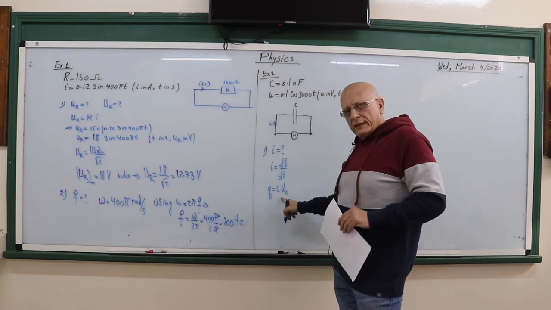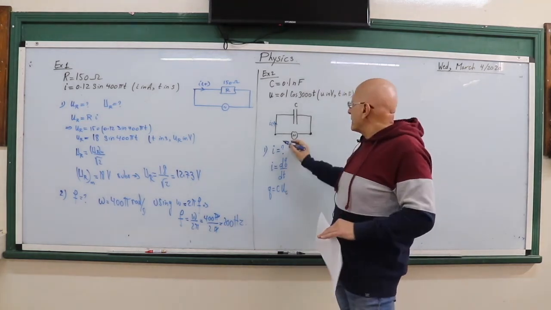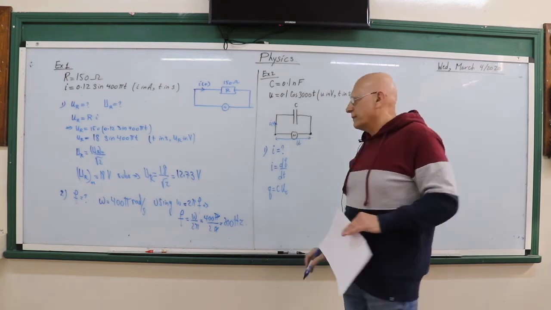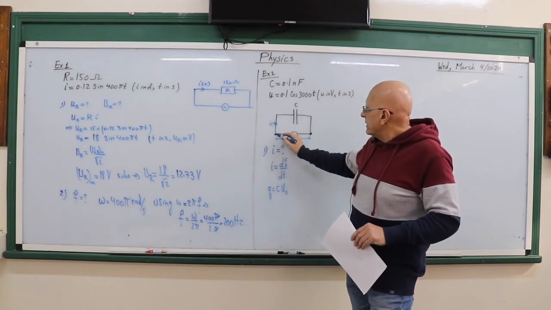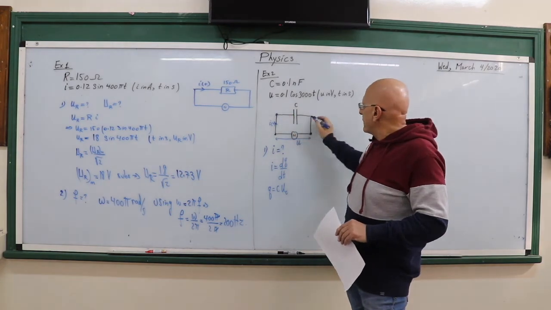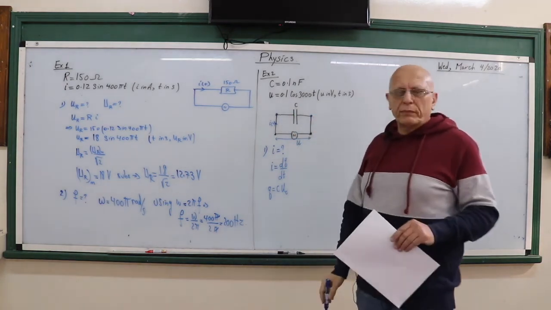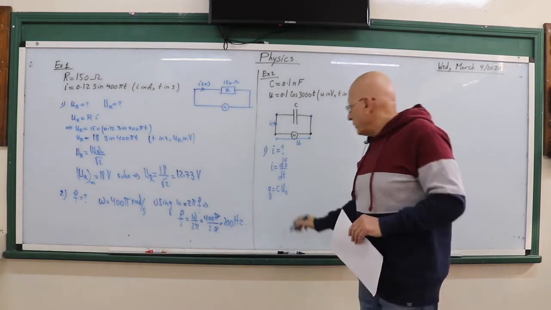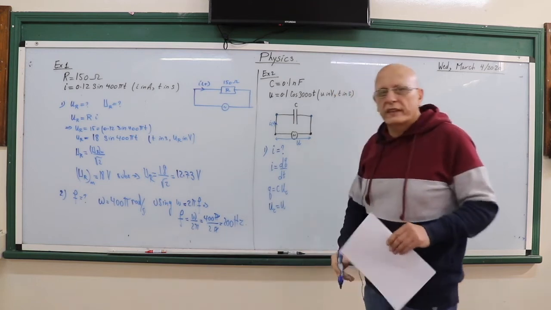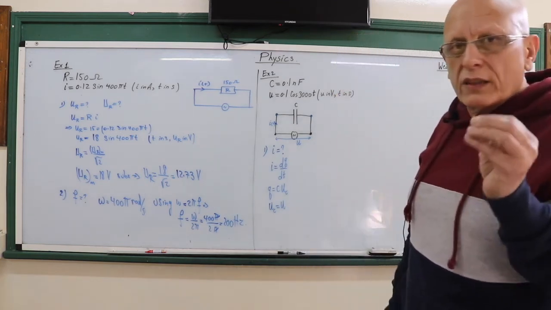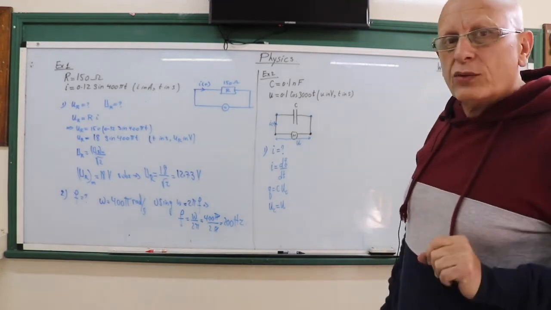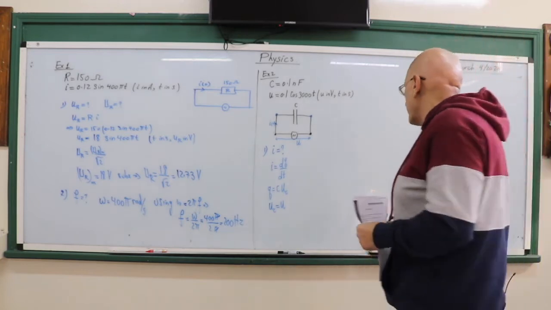How much is UC? UC is not given directly. What's given directly is the voltage of the generator. But as you see, the terminals of the generator are the same as the terminals of the capacitor. So UC equal U, because the terminals of C are connected to the terminals of the generator.